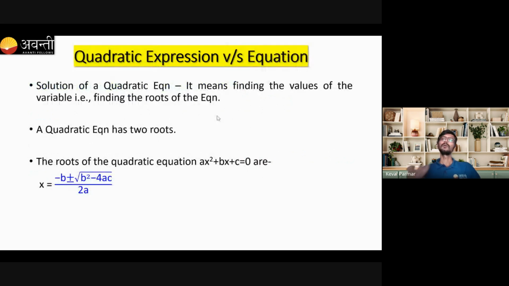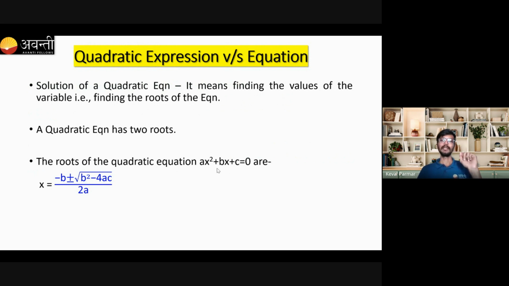Solution of a quadratic equation. We have all done this. Solution of a quadratic equation means getting the roots of the quadratic equation. That means if the quadratic equation is ax square plus bx plus c, look at the screen and look at the pointer, you will get to understand.